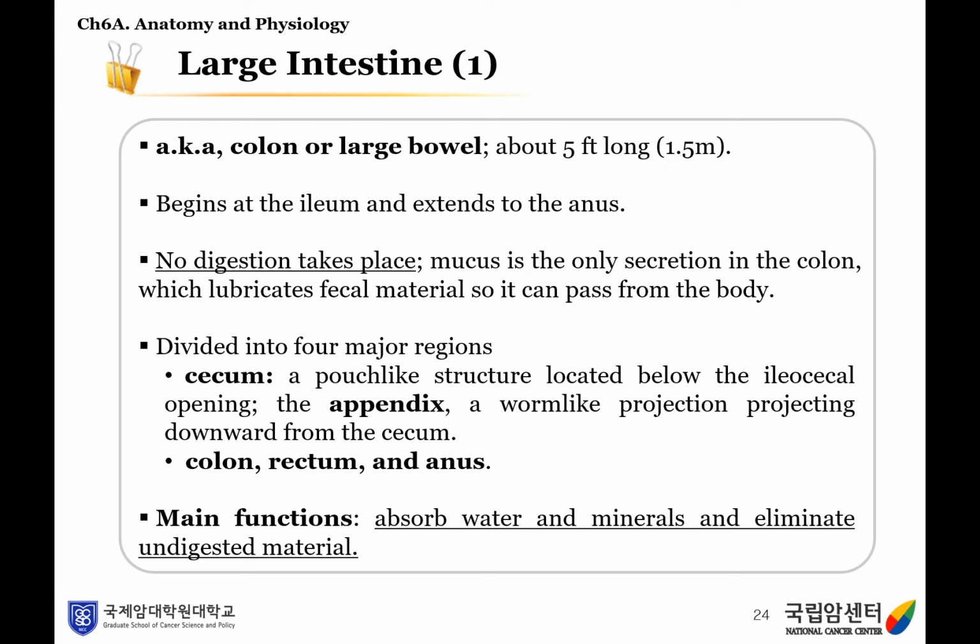And the large intestine is divided into 4 major regions. First, cecum. This is a pouch-like structure located below the ileocecal opening. And also, there is the appendix, a worm-like projection projecting downward from the cecum, and also colon, rectum, and anus.